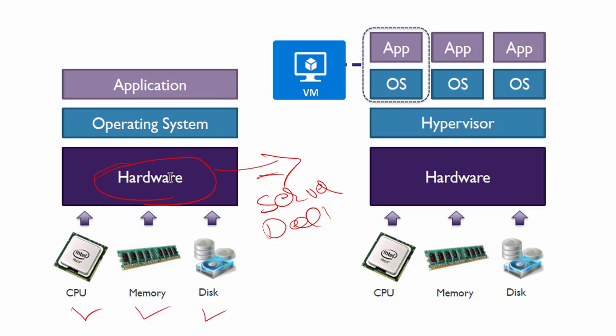On top of that we install software called an operating system using a special software called a hypervisor. This hypervisor splits the hardware resources. It will slice the hardware, and each slice of hardware will be used to boot up a separate operating system.